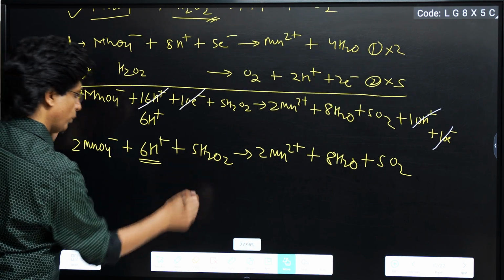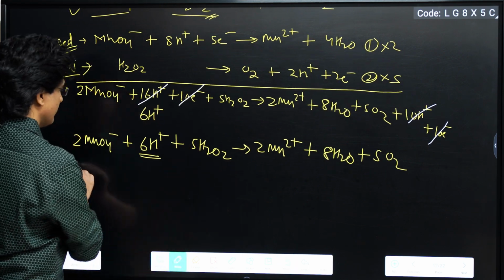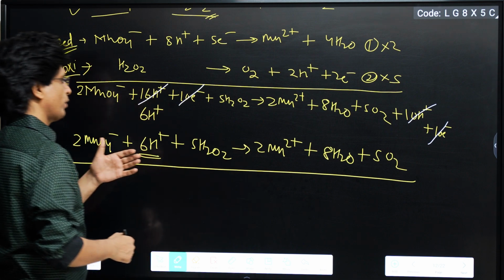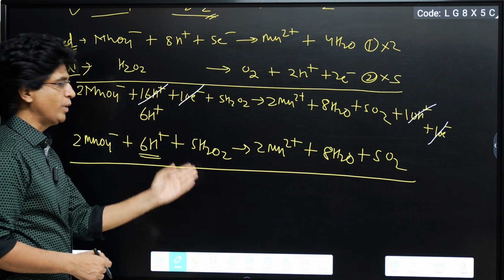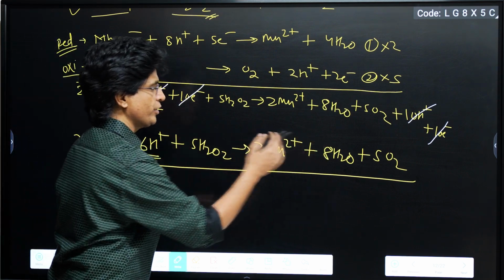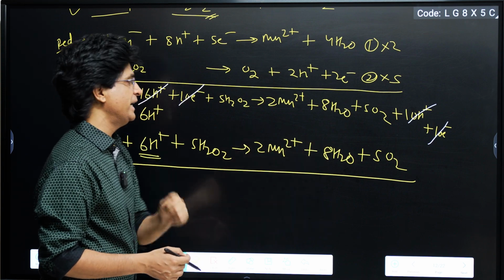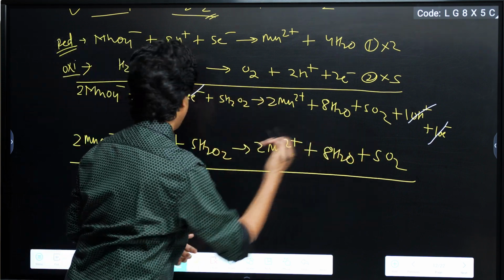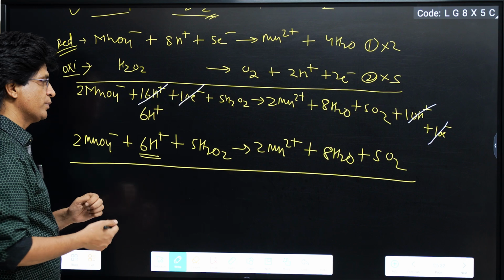So one question they can ask you is that in this equation, what is the stoichiometric coefficient of, say, H2O2? Answer will be 5. And what is the stoichiometric coefficient of H2O? It will be 8. And similarly 5 O2, we have got 6 H+ ions as well.